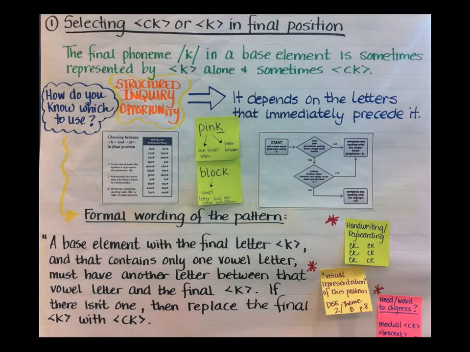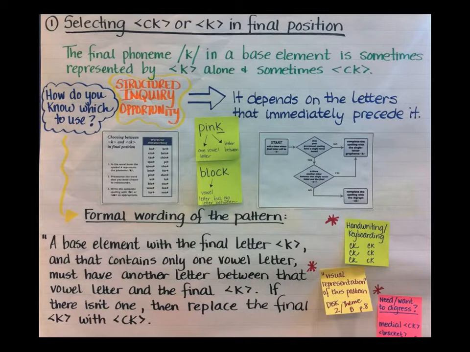After you've done some investigation on this and kids are feeling good and they understand the idea, you could move into digressing. Look at the little pink sticky at the bottom right there. You could look at medial CK, like the word bracket, and investigate how that works. Why is it CK and not just K? Of course, there are handwriting and keyboarding opportunities.